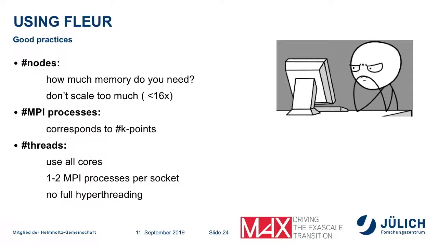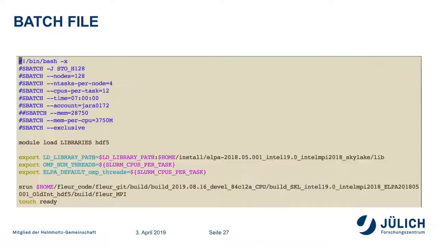When you work on such a machine, you usually send your job in a queue. For this, you need a batch file. This is an example of a batch file. So you say, I want to make this calculation on 128 nodes. I want to start 4 MPI processes per node. I want to use 12 cores per every MPI process.